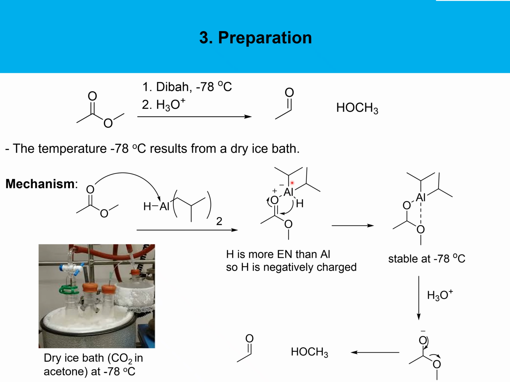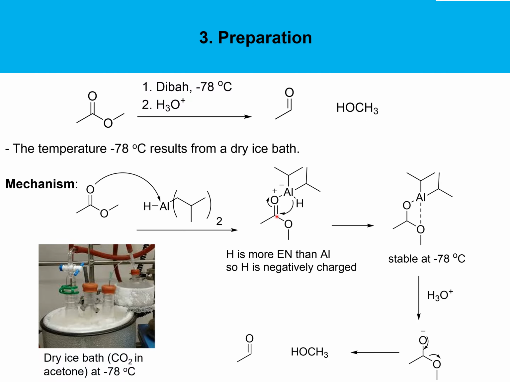That now activates this hydrogen on the DIBAL to be a hydride reagent. So the formal negative charge on the aluminum means we're going to transfer most of that negative charge to this hydrogen, since hydrogen is more electronegative than aluminum. That places a partial negative charge on this hydrogen. It allows it to behave like a hydride, and so it's going to attack the carbon of the carbonyl of this ester.